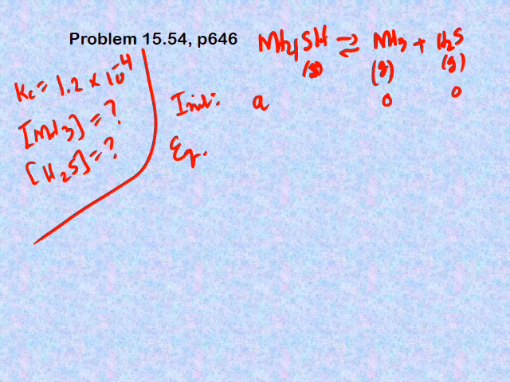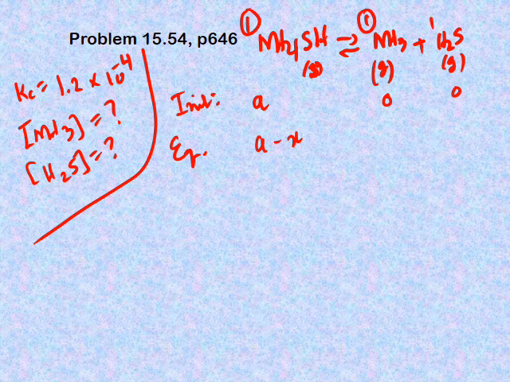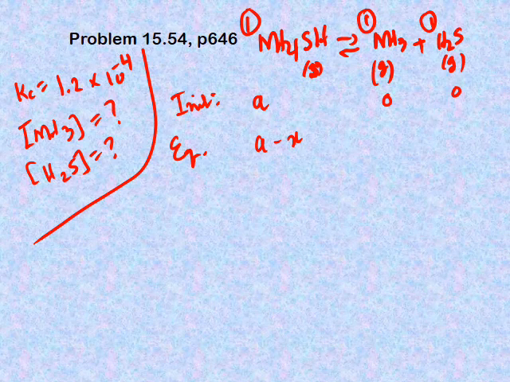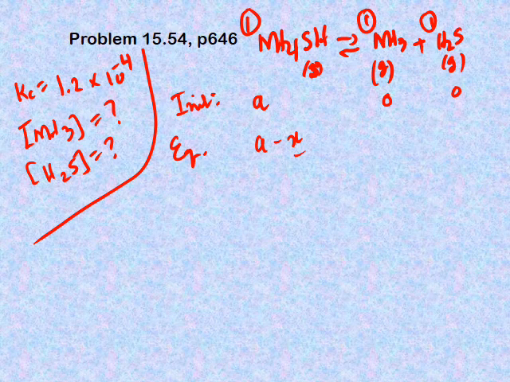Let's call it X. So with X being used up, the leftover is A minus X. Now we know that this is a 1-1-1 reaction, one NH4SH, one ammonia, one H2S. It is balanced: 5 hydrogen, 5 hydrogen, 1 sulfur, 1 nitrogen. It's a good idea to double check. When X of NH4SH breaks down, you get X of ammonia, X of H2S.